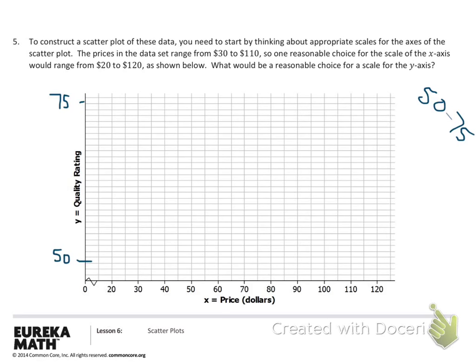So think about that, and I'll show you a completed one. And then number 6 says add the scale to the y-axis, then use these axes to construct a scatter plot of the data. So then you're going to plot all the points. So work on that, and then come back and we will talk about the last 2 questions together.